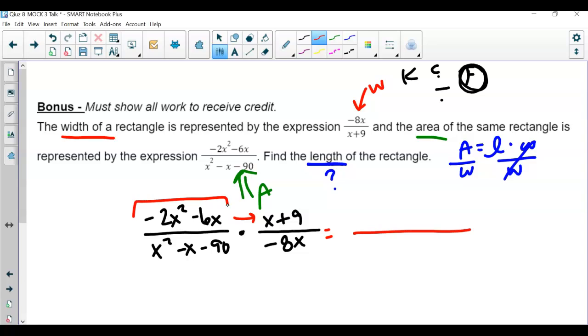Now, I notice I have a negative out in front. So I'm going to factor out a negative. Then notice how they both have 2. So I can take out 2, and they also both have an x. So the GCF was negative 2x. So now when you take that GCF out, you are left with just x.